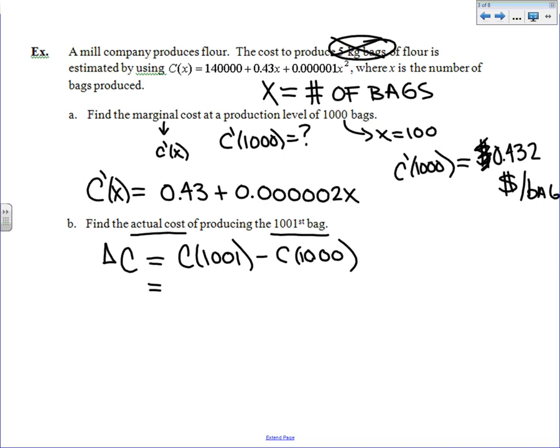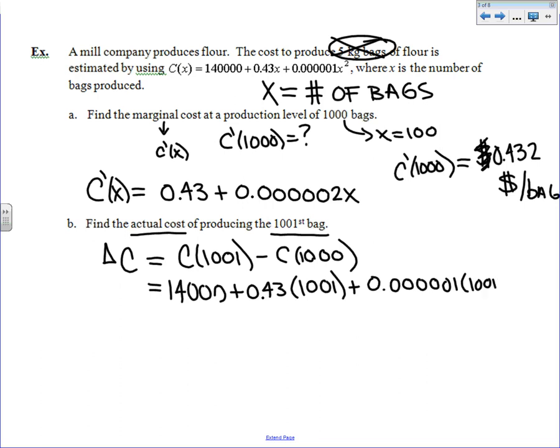This is going to be 140,000 plus 0.43 times 1,001 plus 0.00001 times 1,001 squared. I ran out of room here a little bit, but I will be subtracting that function evaluated at 1,000, which is 140,000. I think I forgot a 0 up there. There should be one more 0 there.